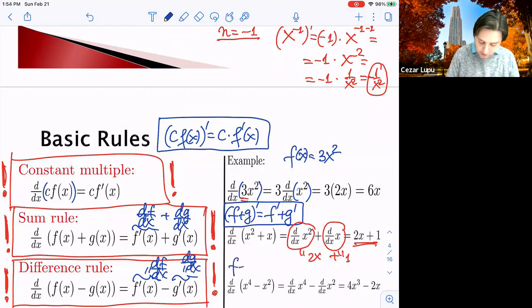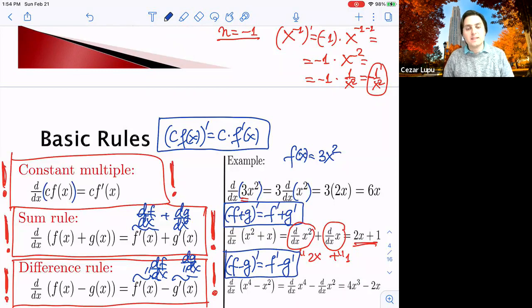In other words, f minus g, everything prime, is nothing else than just f prime minus g prime. So once again, the derivative of the difference is the difference of the derivatives, right? Just like in the same way with the sum. The only difference is that you have a negative sign there, which is okay. Well, this is what you would expect.